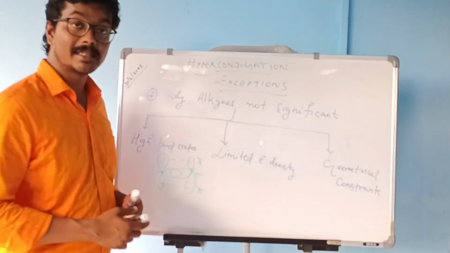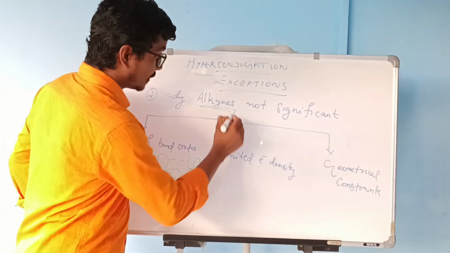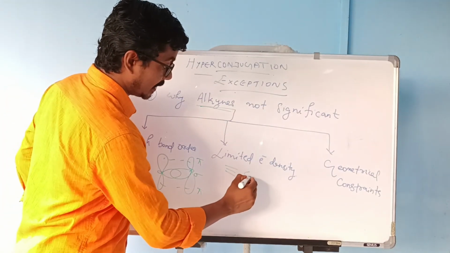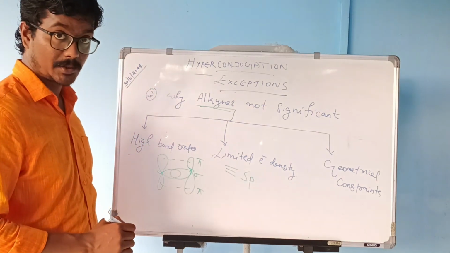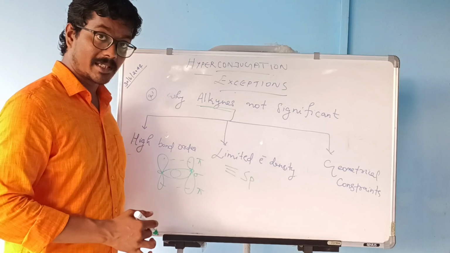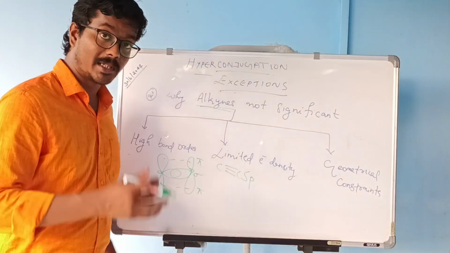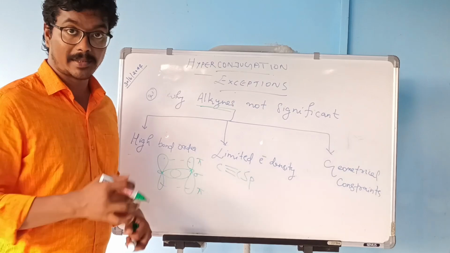And the second is limited electron density. This triple bond carbon is sp hybridized. You all know that this is sp hybridized. Due to sp hybridization, this carbon of the triple bond has high electronegativity.